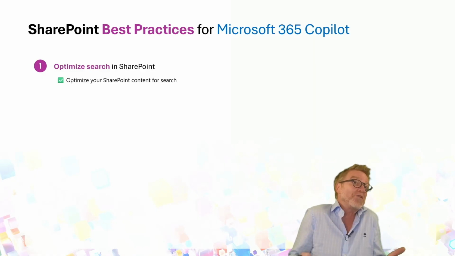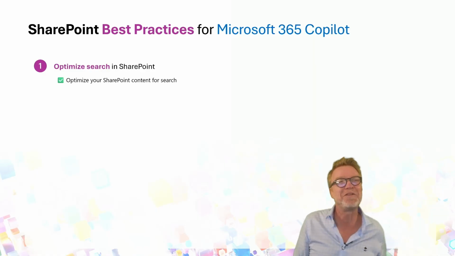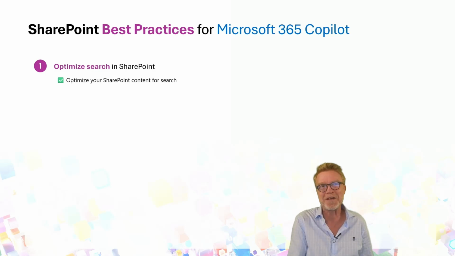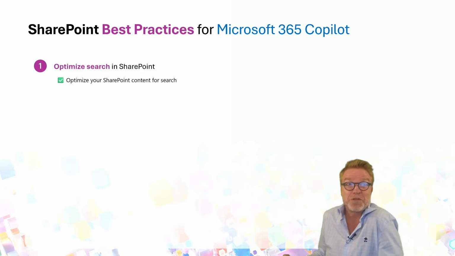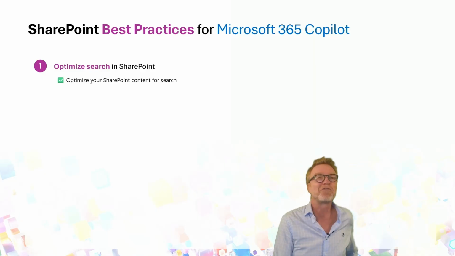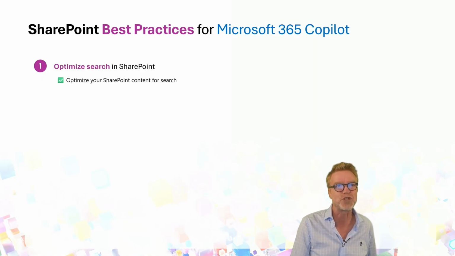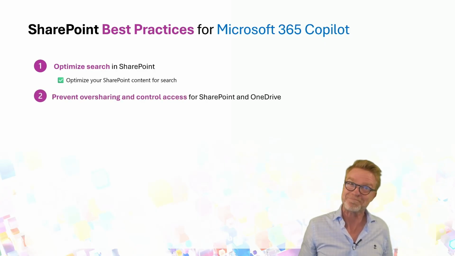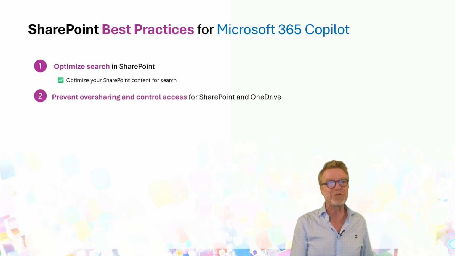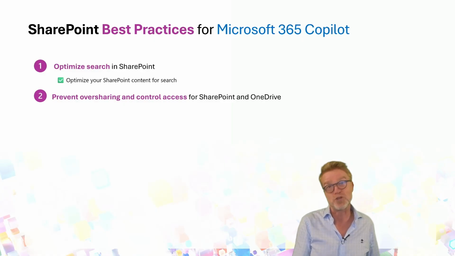If you're not using OneDrive, Teams, or Exchange, if you're not using the Microsoft 365 collaboration tools, and you're still working on premises with file servers, the value of Copilot will not be as big as when you use SharePoint, especially if you have the search engine well configured. Secondly, you will want to prevent oversharing, and you will want to control access in a very strict way for SharePoint and OneDrive.